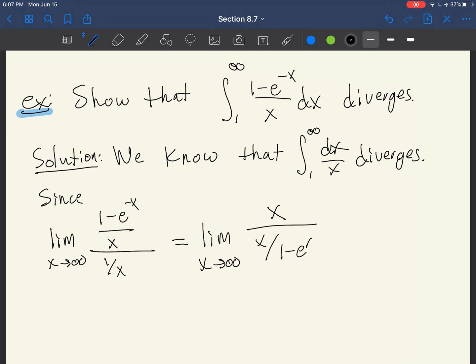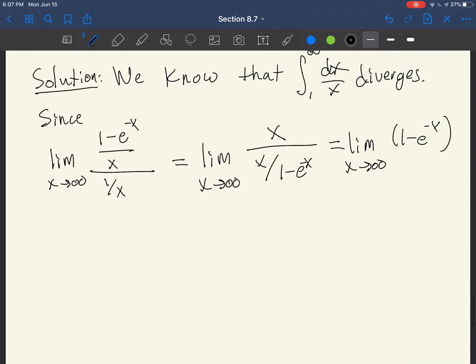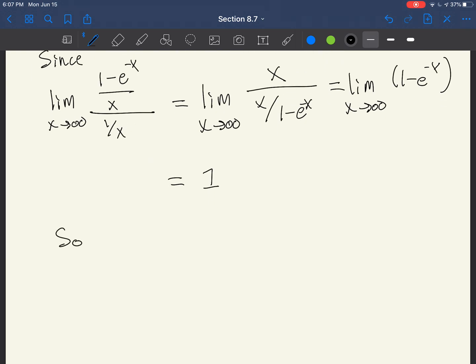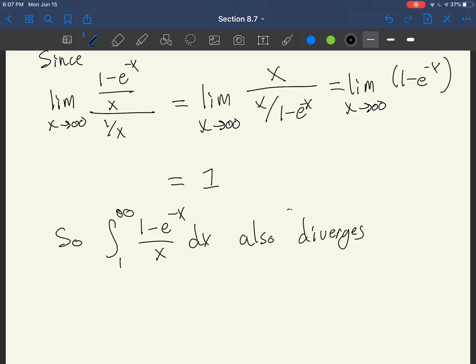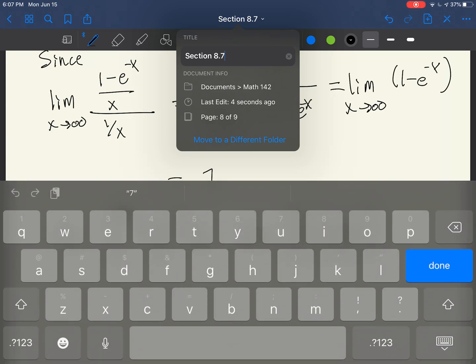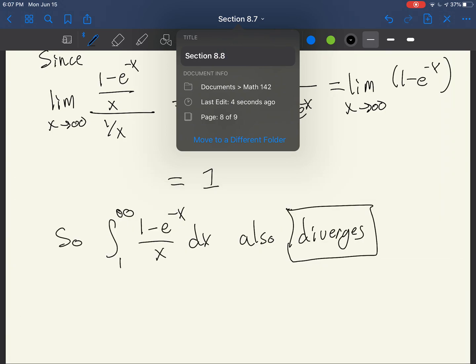So this is just the limit as x goes to infinity of 1 minus e to the negative x, which is 1. So the integral from 1 to infinity of 1 minus e to the negative x over x dx also diverges. And that finishes section 8.8.